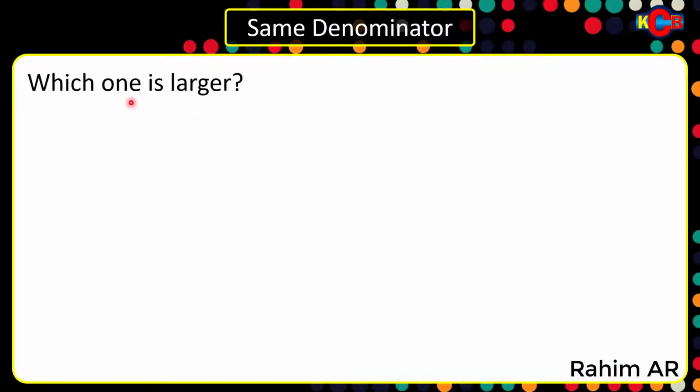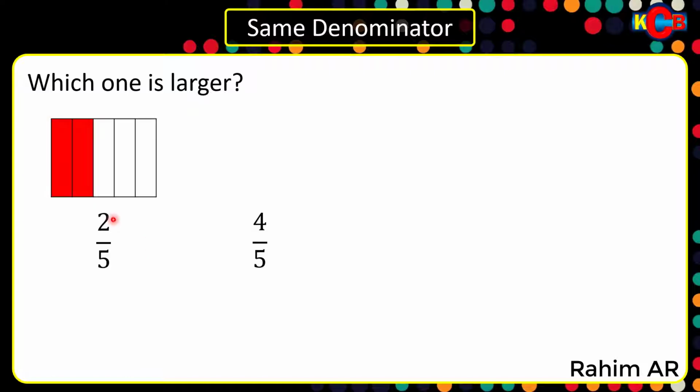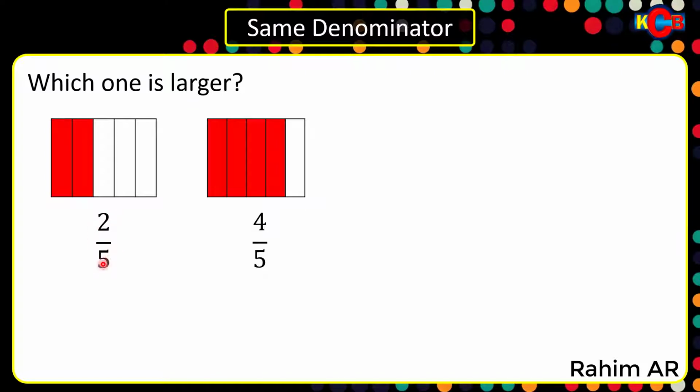Which one is larger? 2/5 or 4/5? To compare these two fractions, we will visualize the fraction like this. This is 2/5. 2 out of 5. 1, 2, 3, 4, 5. So 2/5.